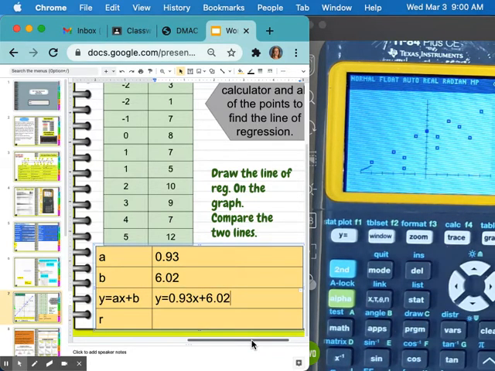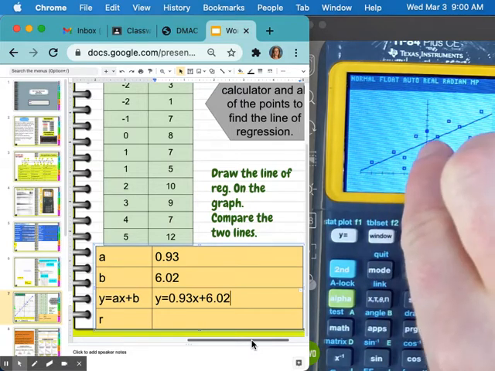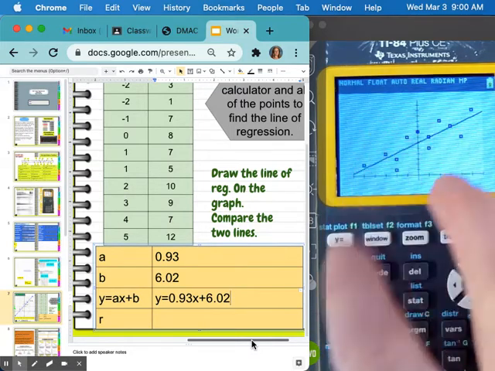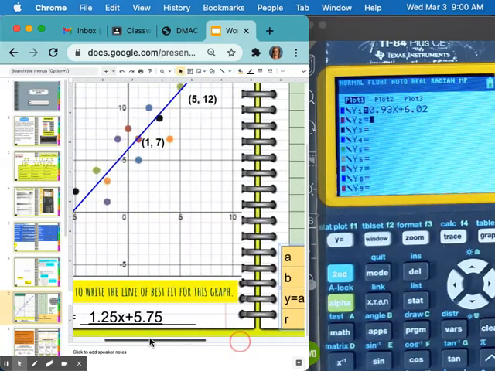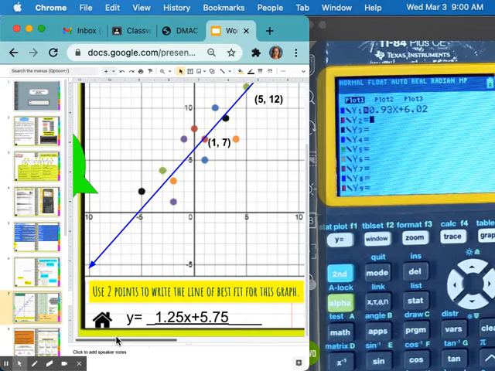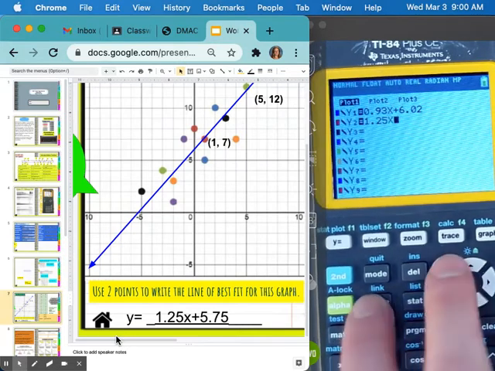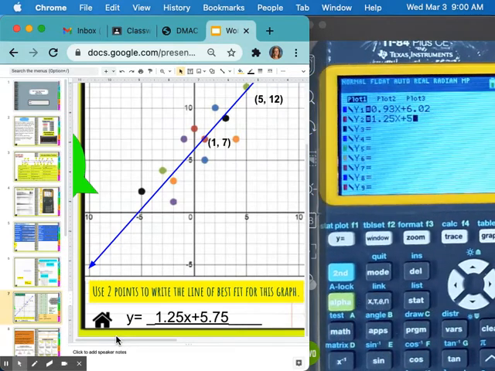And so this is your line of regression. How's that look? Looks like it fits. It actually goes through these 2 points, huh? So let's compare it to our line of best fit that we found over here using just 2 points: 1.25x plus 5.75.